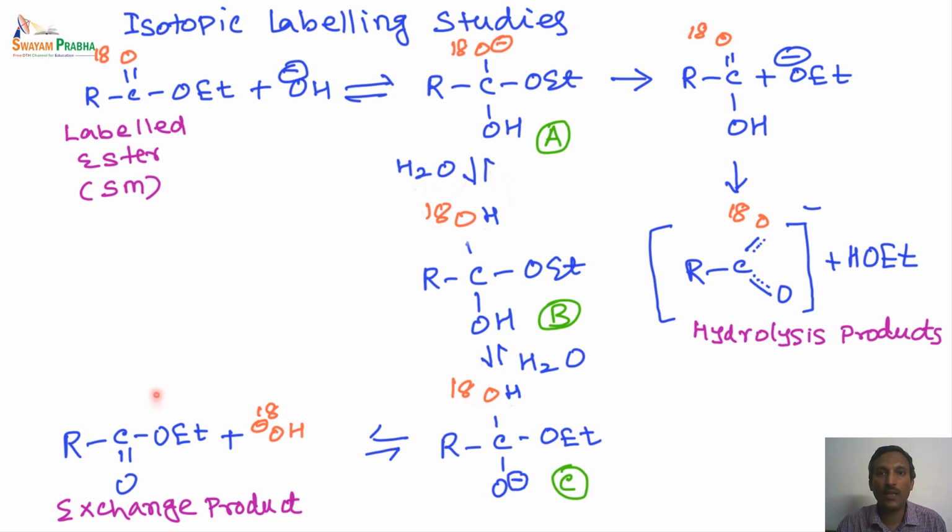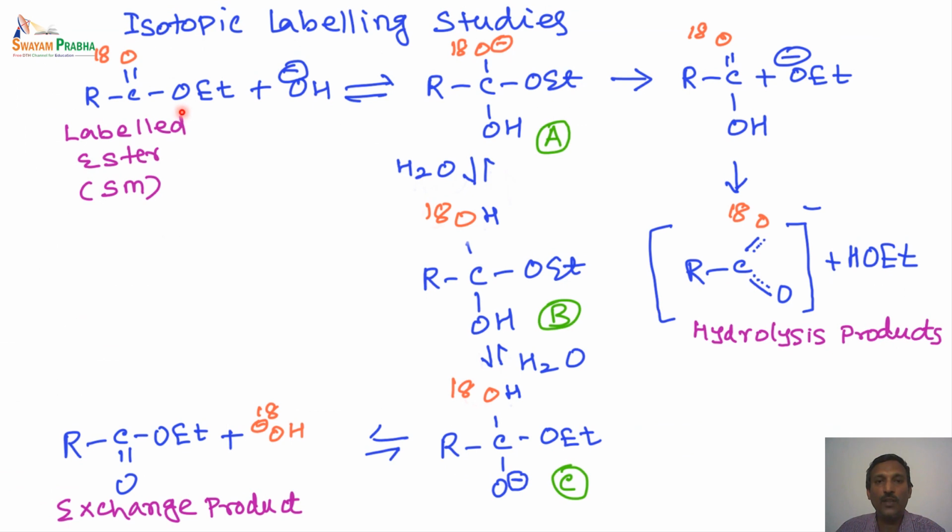So by that we can confirm this reaction involves both the acyl oxygen bond cleavage and also a tetrahedral intermediate, involving a 2-step reaction mechanism for this ester hydrolysis reaction.